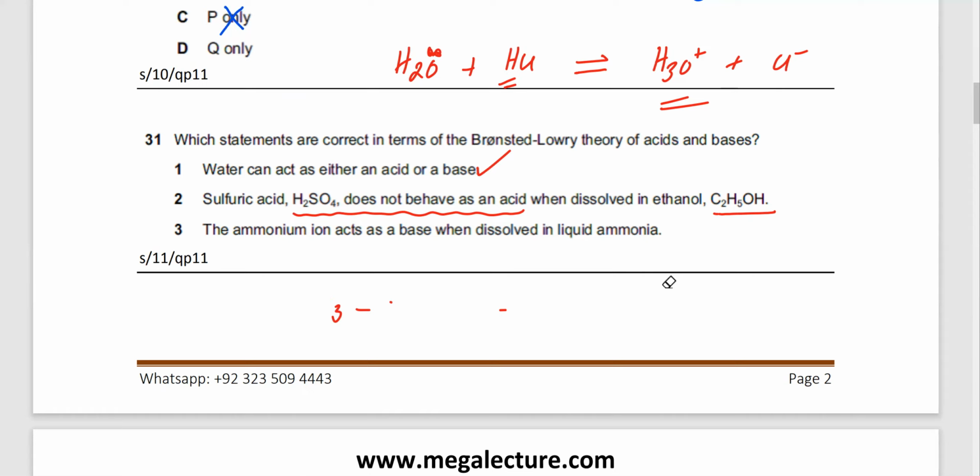For ethanol to behave as a base, this bond is usually very stable. The carbon-O bond is a lot stronger and more stable because it's kind of non-polar, while this other bond is highly polar.